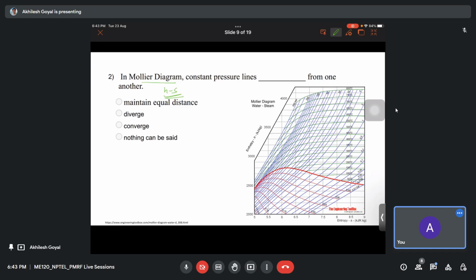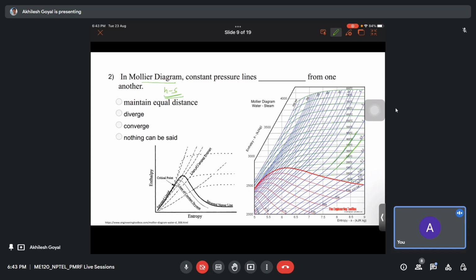So from this figure we can see these blue lines, as we are going forward, the distance between two constant pressure lines is increasing. So that means these constant pressure lines are diverging, and that can be clearly seen in the second figure.